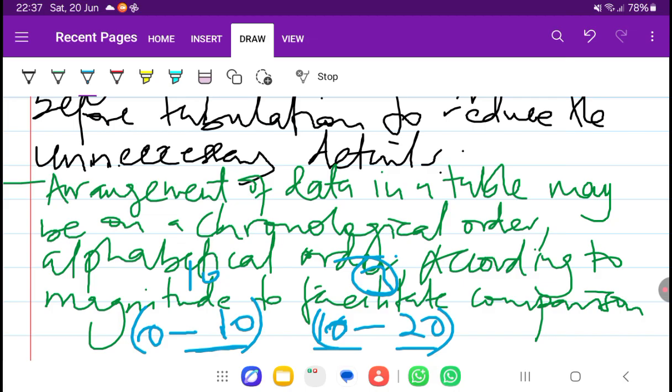Now, I just want us to understand some of the tables that we are going to use when we are presenting data. So I want us to look at the types of tables that we always use when we are interpreting data. They are not always many, they are like two.